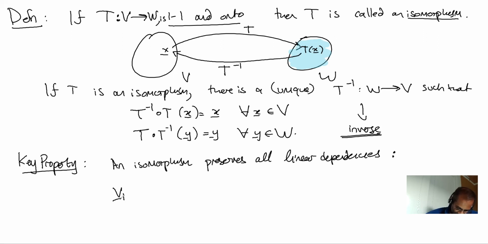If you have some linear dependence in V, then this is if and only if the same thing is true on the other side, but now with the images.